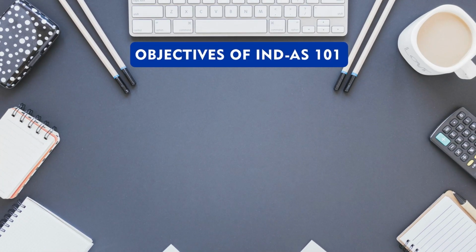Next one is objectives of IND AS 101. So why do we go for IND AS 101? That is first time adoption of international financial reporting standards, and in India, the adoption of international financial reporting standards is what we call IND AS 101.